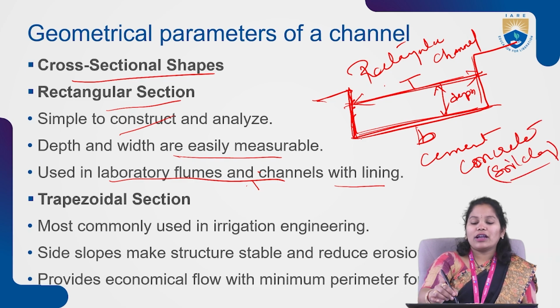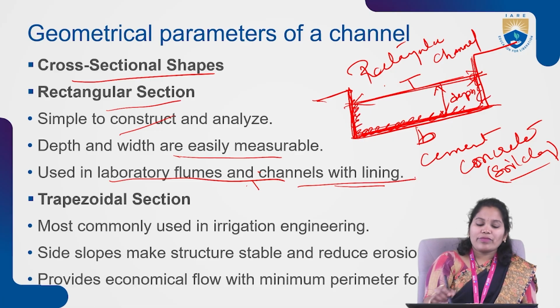We make it completely prismatic, having a definite shape and size. By using these materials, we make the channel lined, so the resistance is reduced and roughness is also reduced, right? This rectangular channel section is used in laboratory flumes.